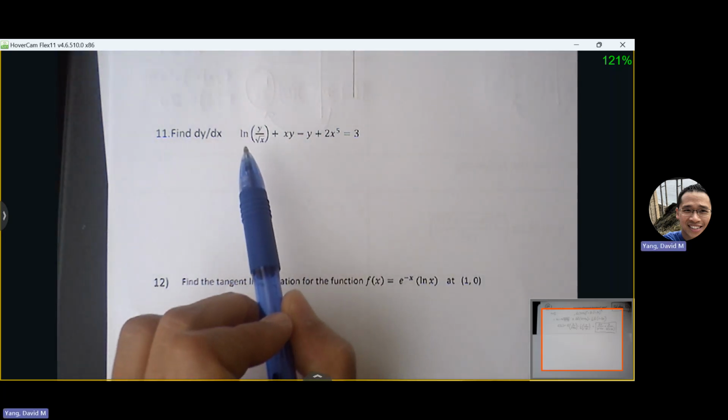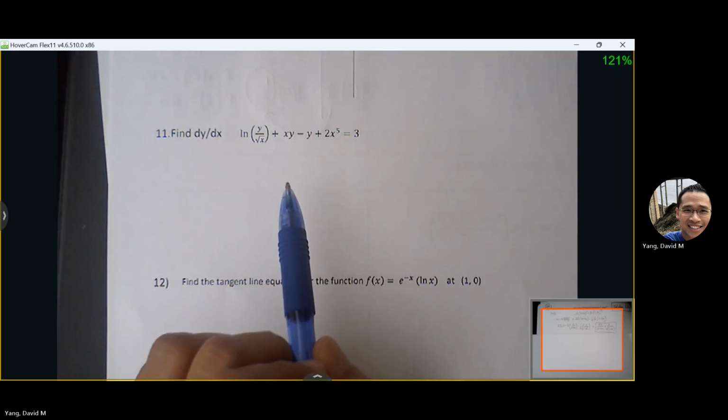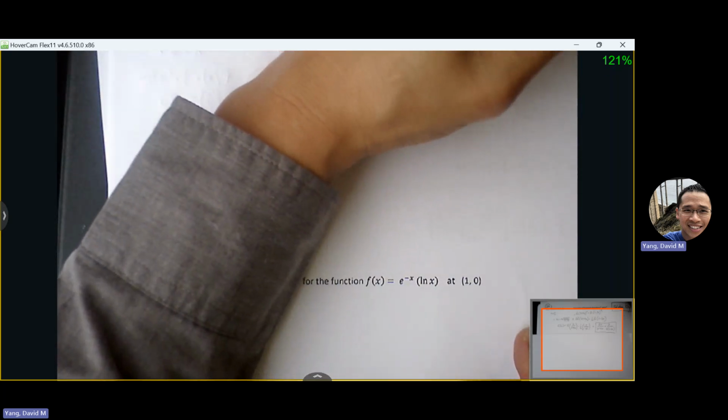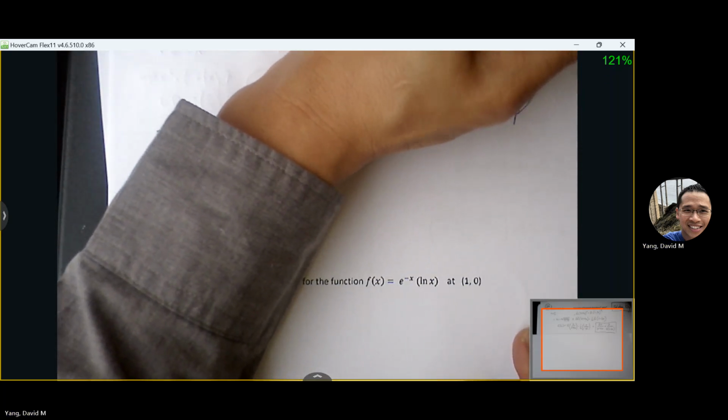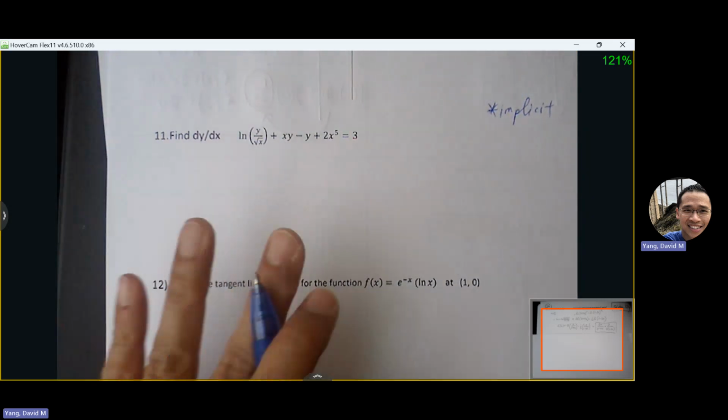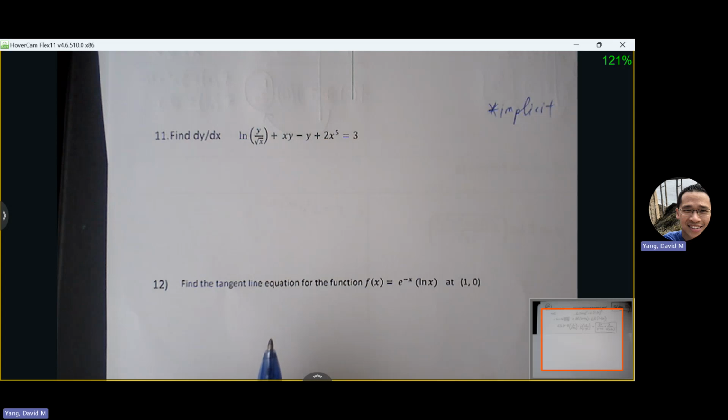First off, how many y's do you see? 3, right? Which means this is not a normal function. This is an equation that requires implicit differentiation. So we definitely know that implicit is part of our process. We have to keep track of our dy dx's along the way.